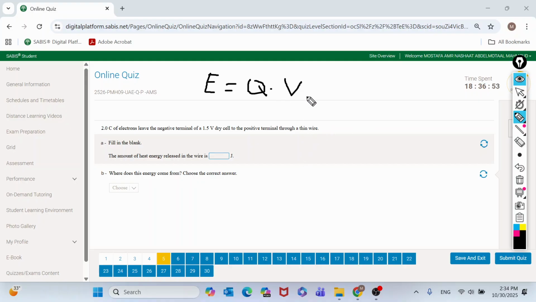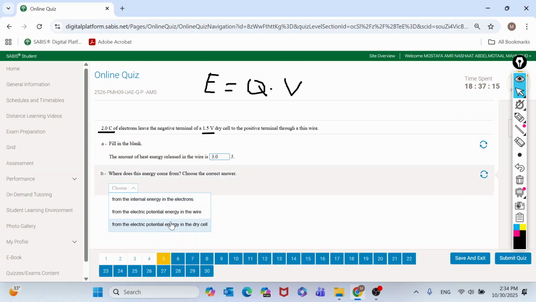Okay? So 2 times 1.5, you get 3. So it's going to be 3.0 joules because of two significant figures. 3.0. Where does this energy come from?